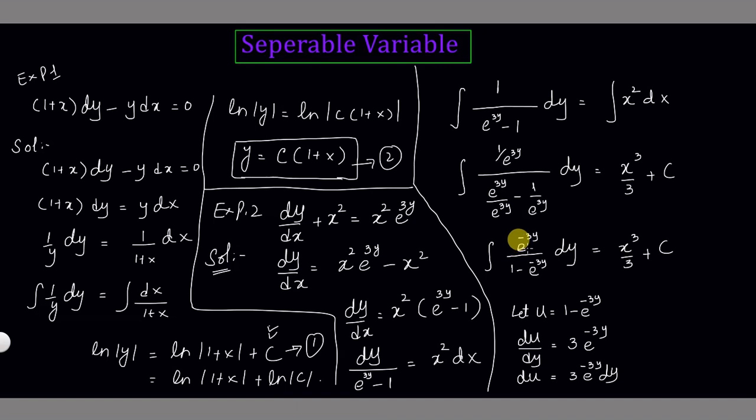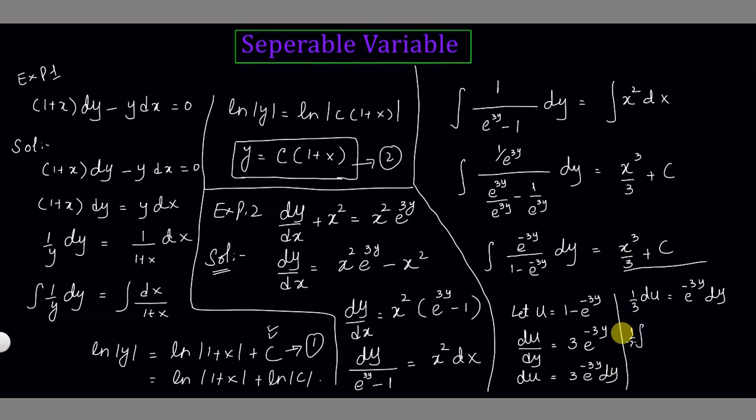We have only e raised to the power minus 3y dy. We don't have 3 over here, so we will divide by 3, and we find 1 over 3 du is equal to e raised to the power minus 3y dy.